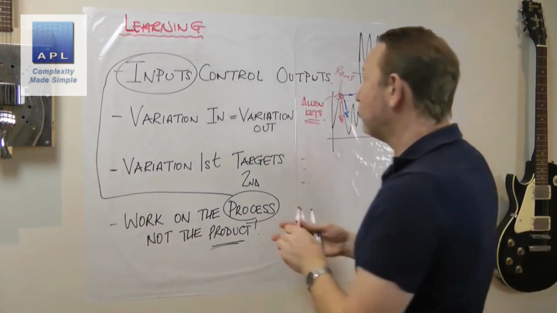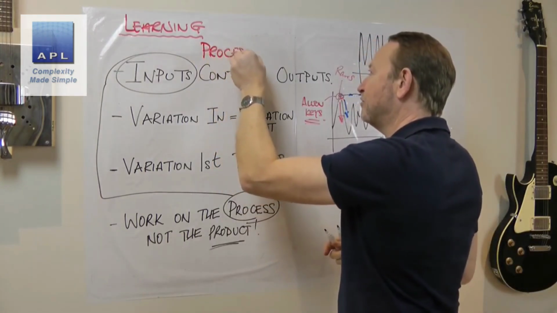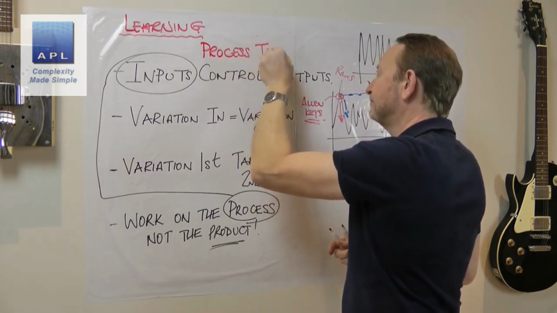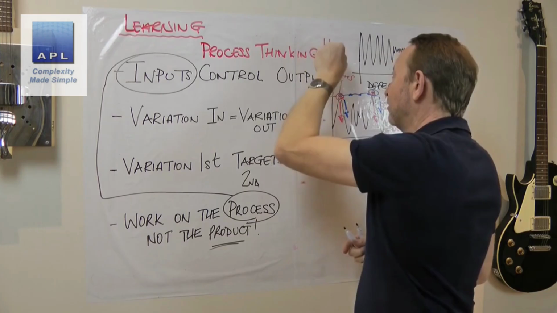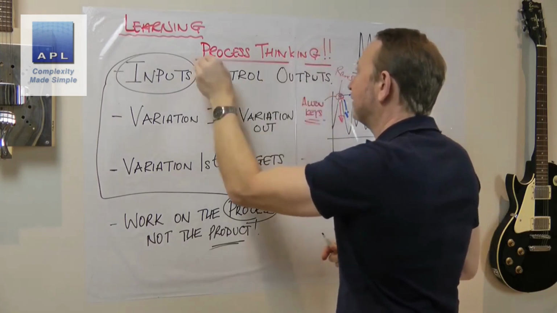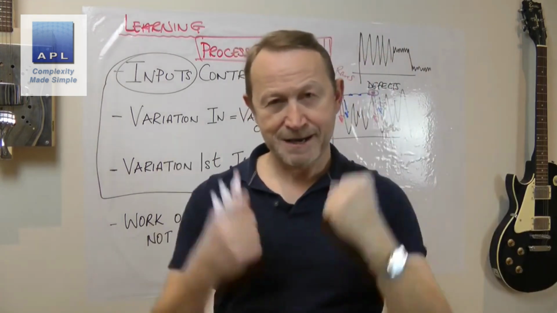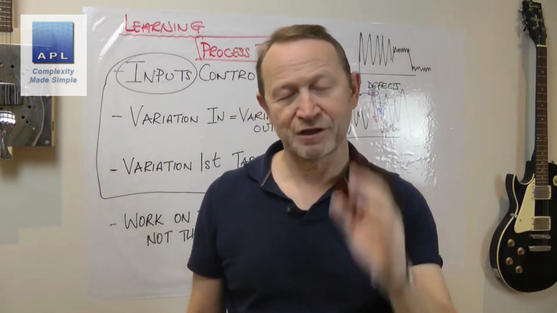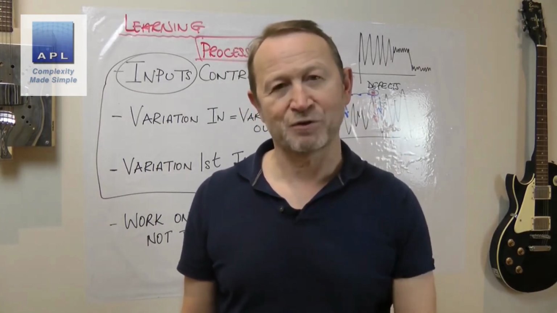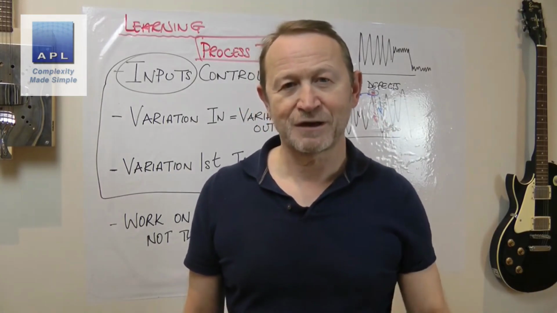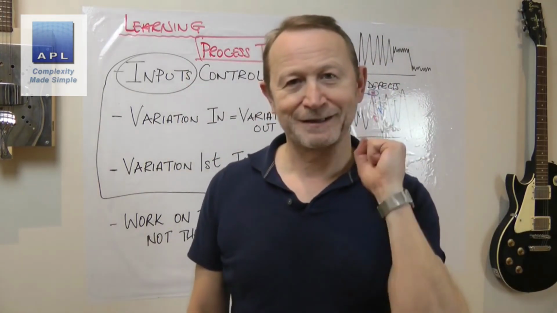The idea of those four principles is that what I'm giving you is process thinking. And when you have process thinking embedded in the way you work, you can solve any technical problem that's put in front of you. Process thinking, there are the four principles.